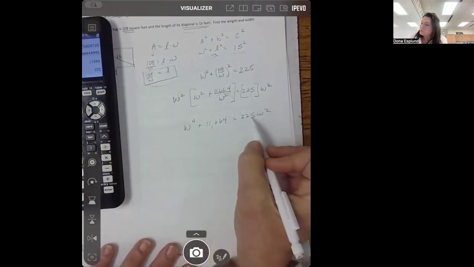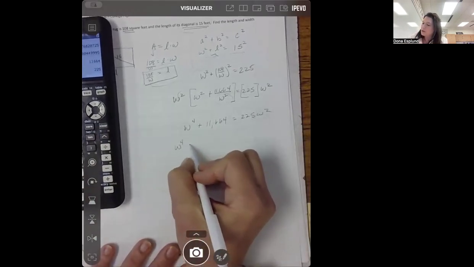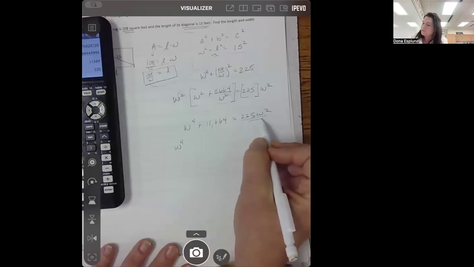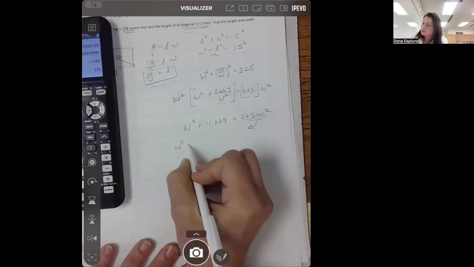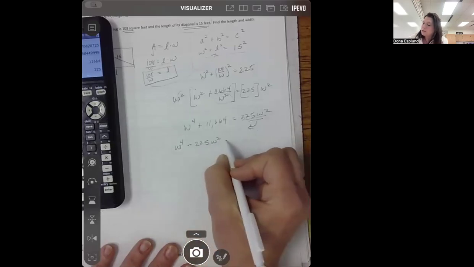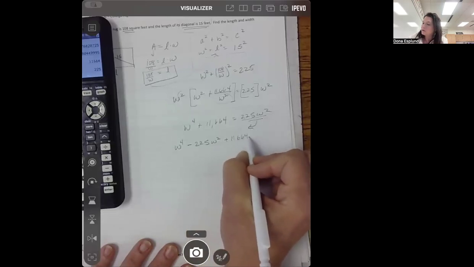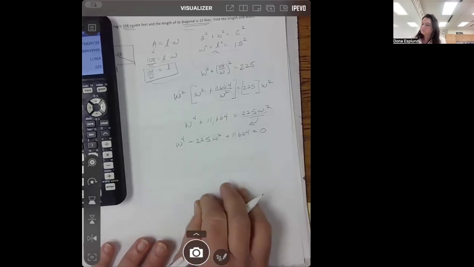So the next one, I'm going to go ahead and set it equal to 0. Even though I have a W to the fourth, I'm going to move this 225 W squared over here. So I'm going to go minus 225 W squared. And then I'm going to have plus 11,664 is going to equal 0.